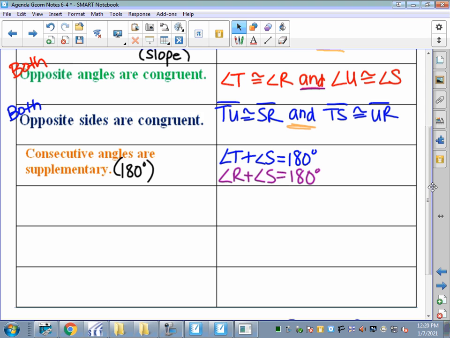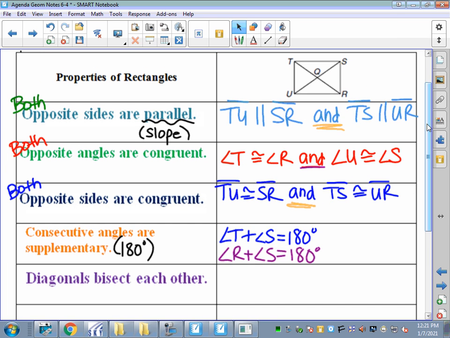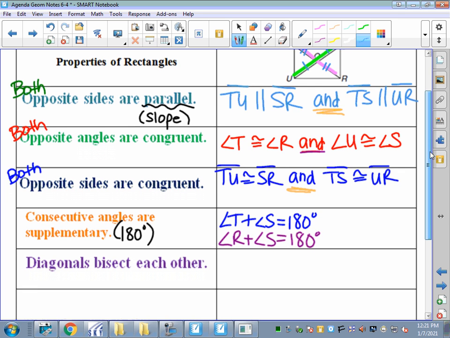Next rule for a rectangle is the diagonals bisect each other. We talked about this already, in parallelograms. So one diagonal cuts the other diagonal in half. So in other words, this diagonal TR cuts the other diagonal SU into 2 congruent pieces. So we know these 2 guys are congruent to each other, and those 2 guys are congruent to each other.